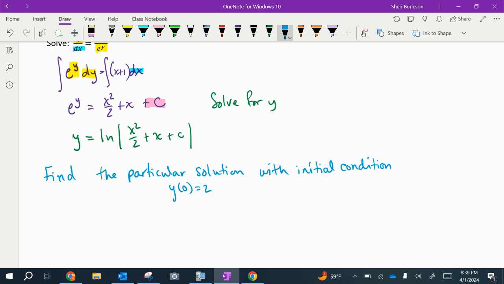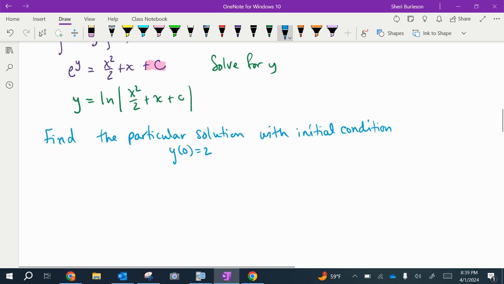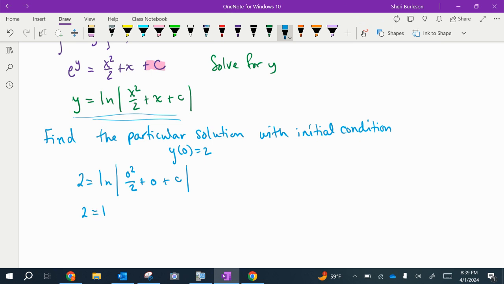There are a couple of ways you can go about doing this. I have solved for y at this point, so I get 2 equals the natural log of the absolute value of 0 squared over 2 plus 0 plus c. When I simplify, I get 2 equals the natural log of the absolute value of c.